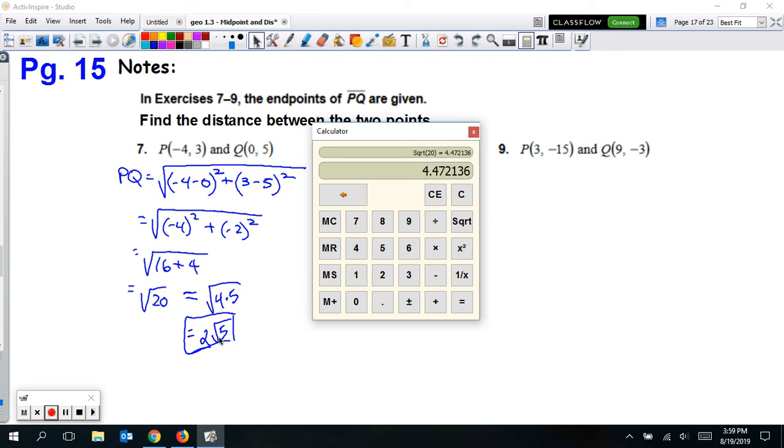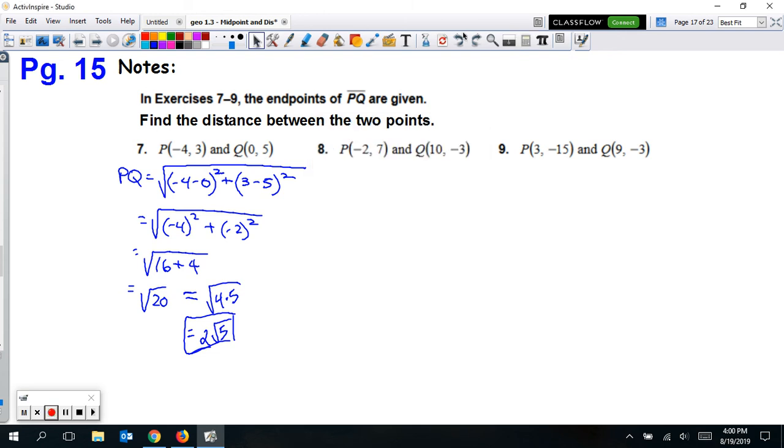I don't have to worry about going from here. It's actually simpler to go back to here if I want to just find the decimal form. So if I want to go to 2 decimal places, remember we're going to round to do that. So 4.47 could be our answer on this one. 1 decimal place would be 4.5, depending on which decimal we want to do. On this one, let's go to 2 decimal places. So let's just say 4.47 for that one.